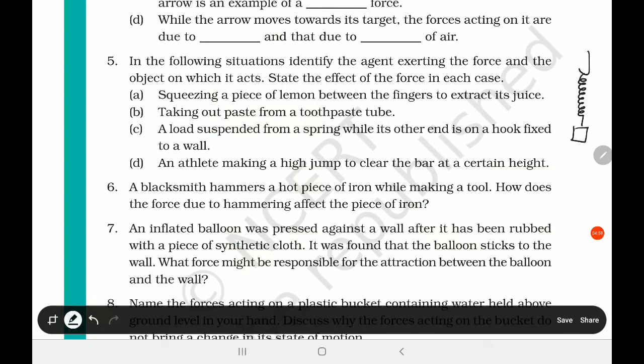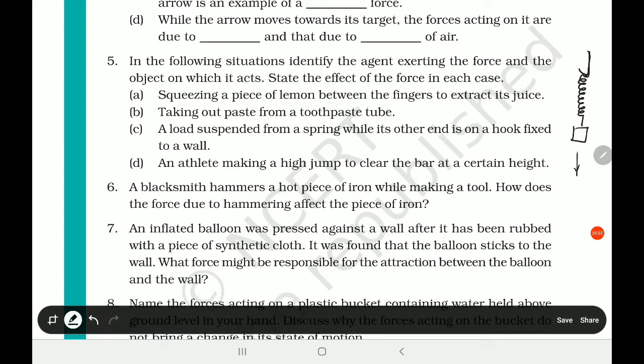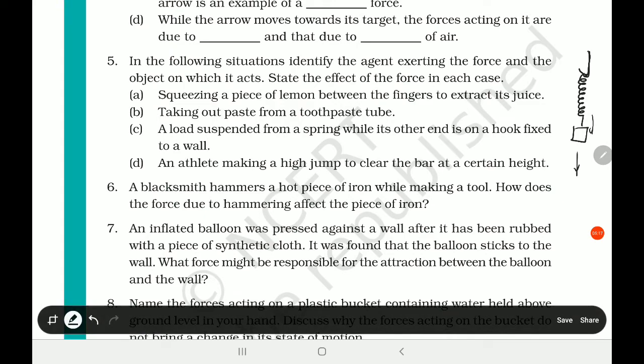So who is applying force here? Well, gravitation is of course applying the force to pull this down, right? Who is applying force is very clear. What is the change? The change is the load is moving downwards, right? So it is a change in motion.